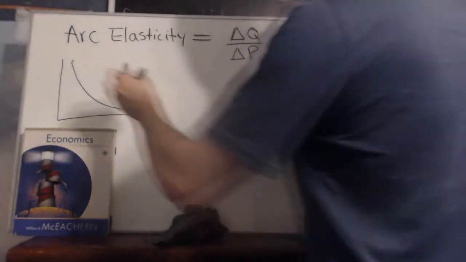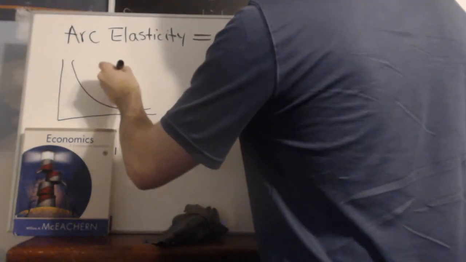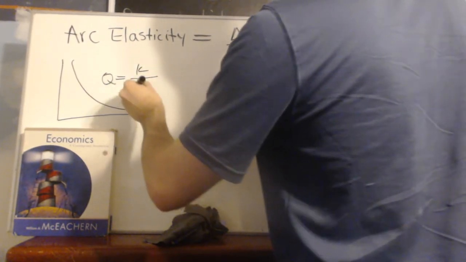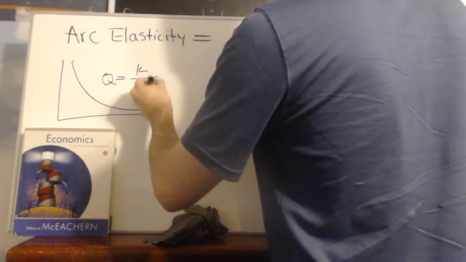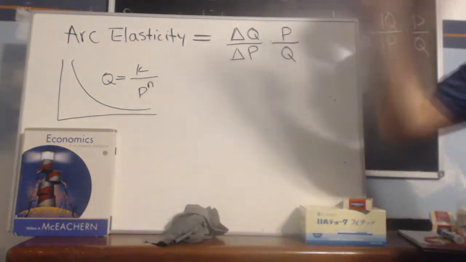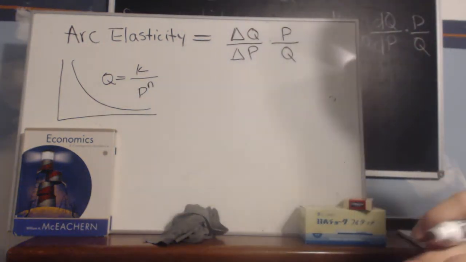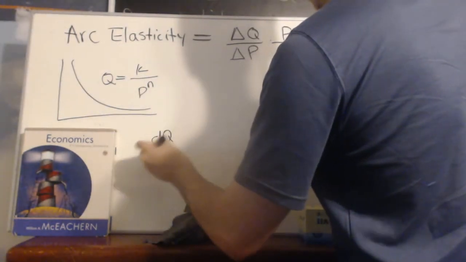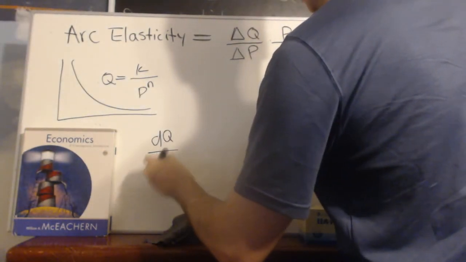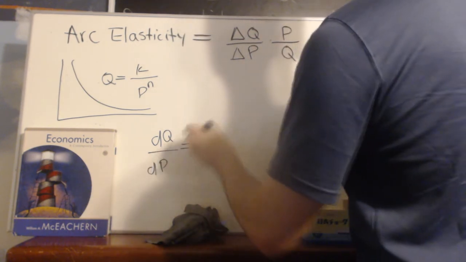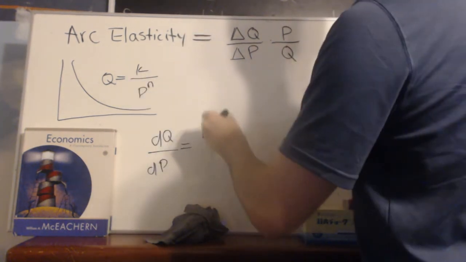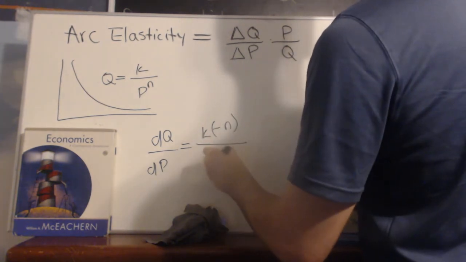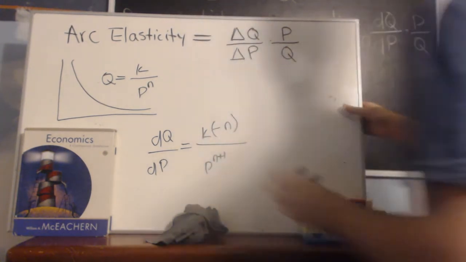Let's say the quantity is equal to some constant k divided by the price to the nth power, which is just another arbitrary constant for the sake of generalization. Well, if we take the derivative, you're just going to have to take my word for it. You're going to get k, you have to do the power rule, n's in the denominator, so you go negative n divided by p to the n plus 1.